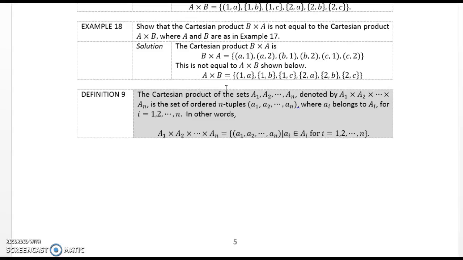Show that the Cartesian product B cross A is not equal to A cross B, where A and B are as in Example 17. B cross A is (a, 1), (a, 2), (b, 1), (b, 2), (c, 1), and (c, 2). This is not equal to A cross B, which is (1, a), (1, b), (1, c), (2, a), (2, b), and (2, c).